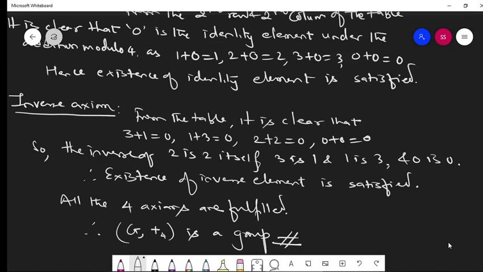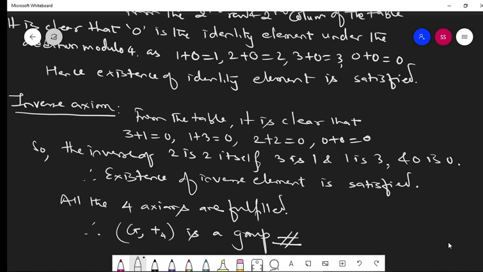That is cross 4, and you can see the elements are 0, 1, 2 and 3.